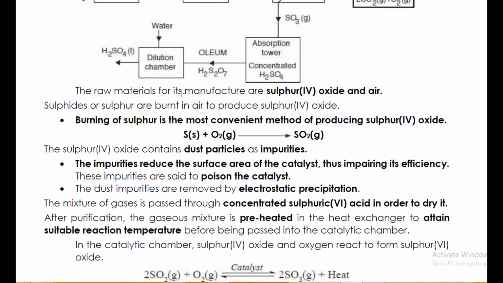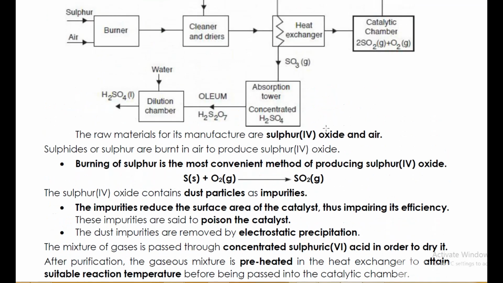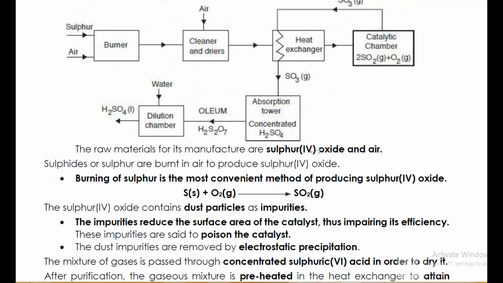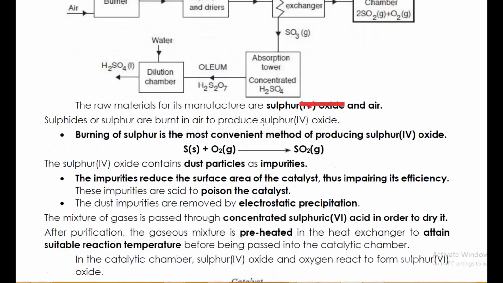So the raw materials in the contact process are sulfur and air, not sulfur 4, actually it is sulfur. So forget about this sulfur 4, it is sulfur. The raw materials are sulfur and air.